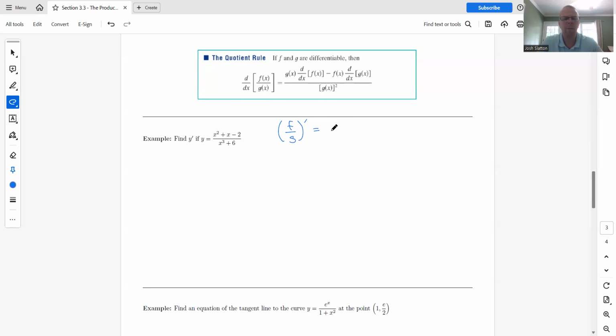And so the way I say this to myself as I write it is we have the bottom times the derivative of the top minus the top times the derivative of the bottom all over the bottom squared. So however you want to remember that, g f prime minus f g prime over g squared. You can say it like that, but probably have some way that you can say it in your head as you write it.